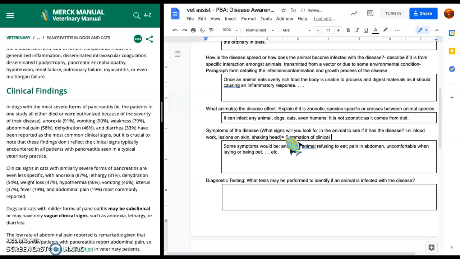Okay, so that's what's going on for symptoms.